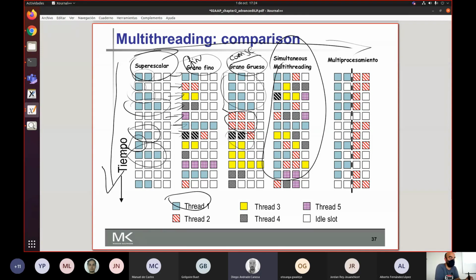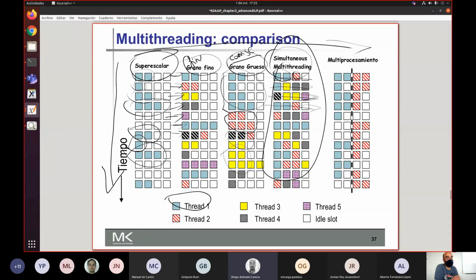But in simultaneous multithreading, you have a much more complex situation, because at the same time, on one dimension, you are issuing instructions of different threads. So in the same horizontal axis, you can see instructions from different threads being executed at the same time, and obviously this creates the best possible hardware utilization.